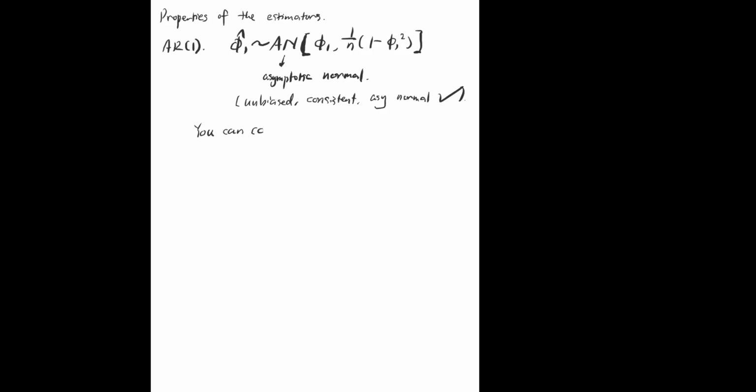So you can construct a 95% confidence interval, which is phi1 plus minus z alpha over 2, so this is the standard normal distribution, times the square root over n. Okay, so that's the confidence interval.